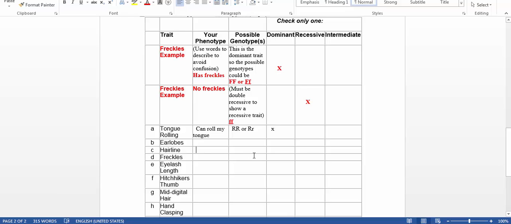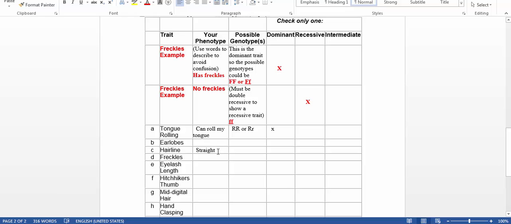Let's do another one. I'll skip down here because I'm recessive on this one. I have a straight hairline. Look at your hairline, and if it comes down to a point a little bit in the center of your forehead, that is a widow's peak. And it actually lends itself to people that have a heart-shaped face and all that business. And widow's peaks are dominant. So mine goes straight across.